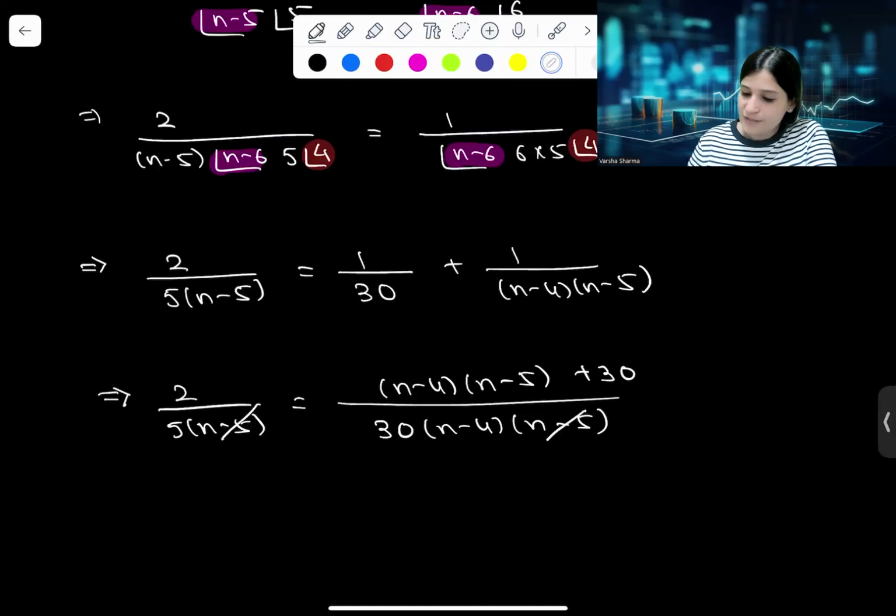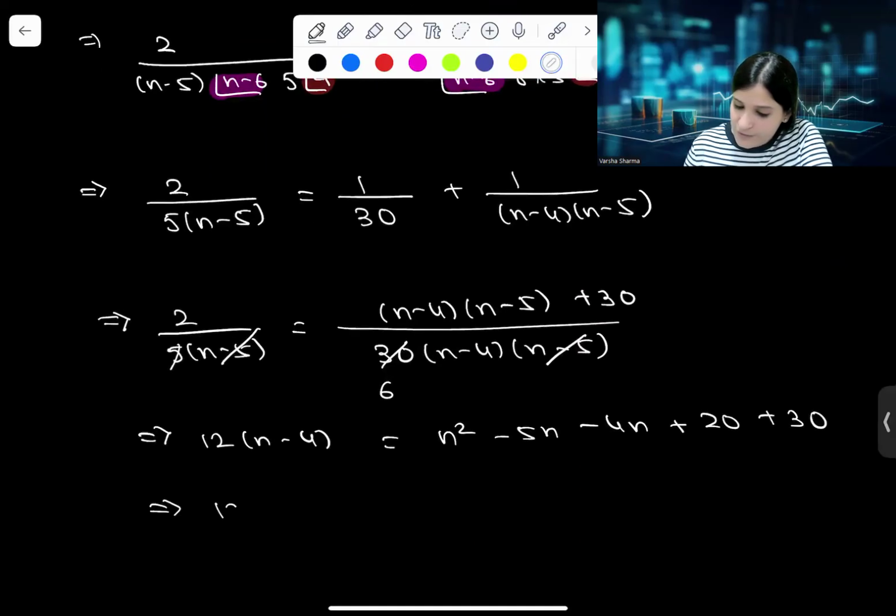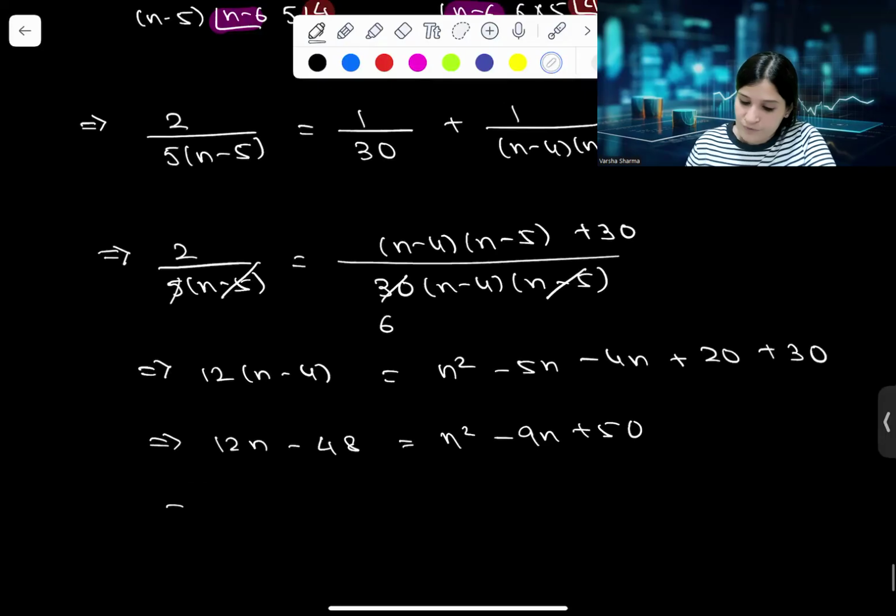We can cancel n minus 5. 12 n minus 4 equals n square minus 5n minus 4n plus 20 plus 30. 12n minus 48 equals n square minus 9n plus 50. So n square minus 21n plus 98 equals 0.